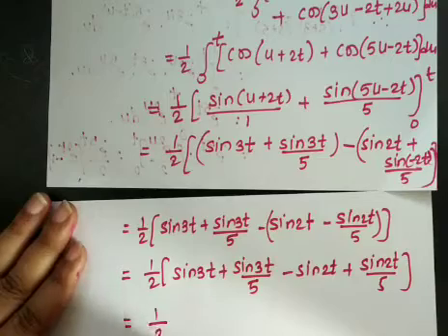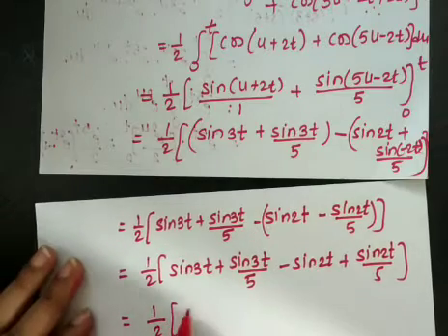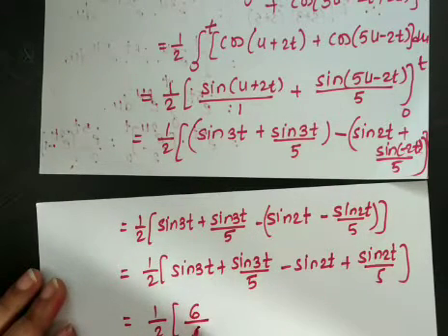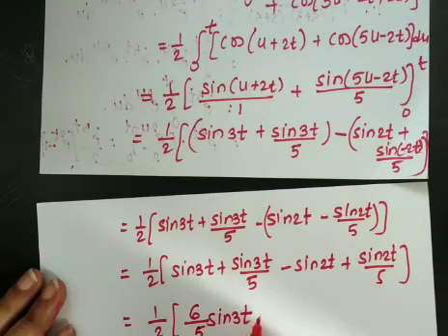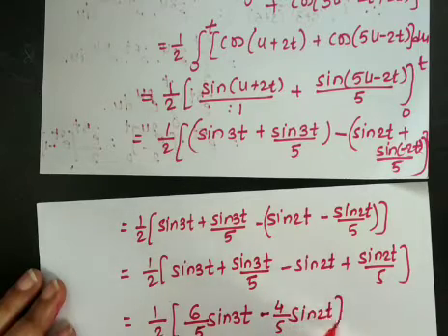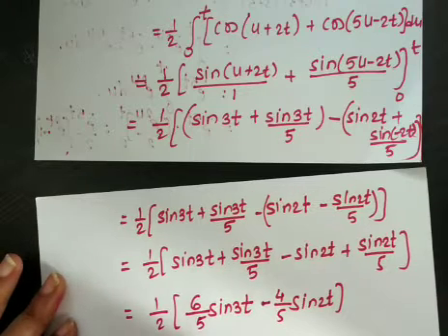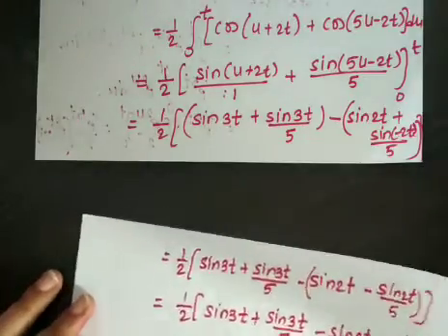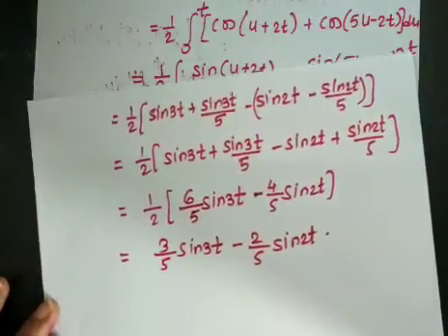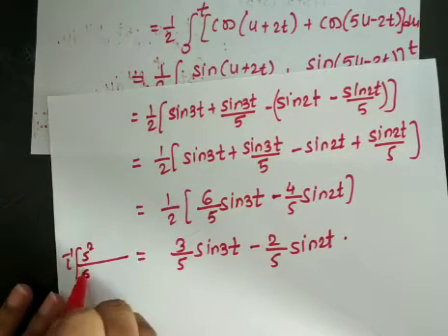That is equal to 1/2 [(1 plus 1/5) sin 3t minus (1 plus 1/5) sin 2t], that is 6 by 5 sin 3t minus 5 plus 1, that is 6 by 5 sin 2t. Thus your answer will be 3 by 5 sin 3t minus 2 by 5 sin 2t, which will be the required answer by using convolution theorem.